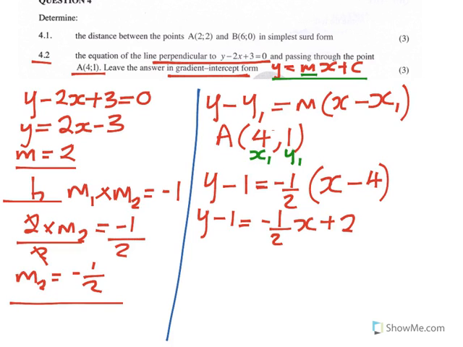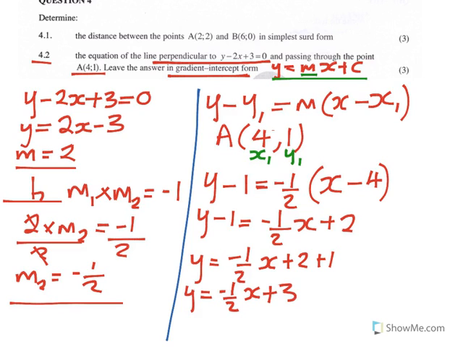Now, when you simplify that, you are going to have y is equal to -1/2x plus 2 plus 1. Then the equation of the line will be y is equal to -1/2x plus 3. So what is this?